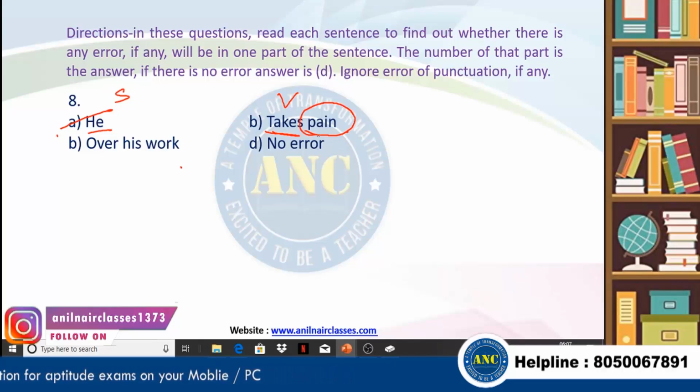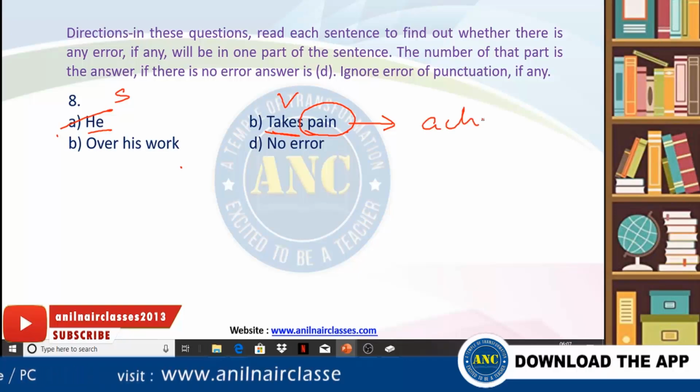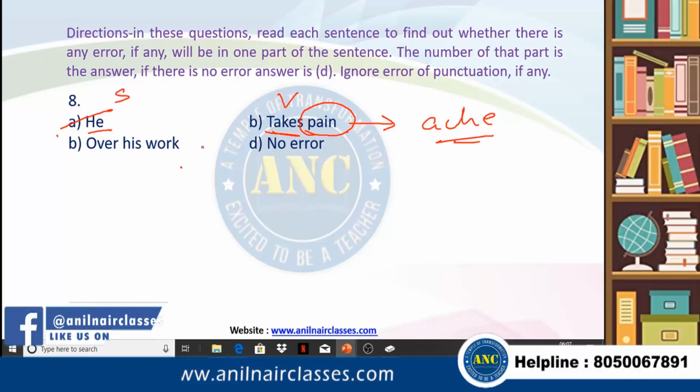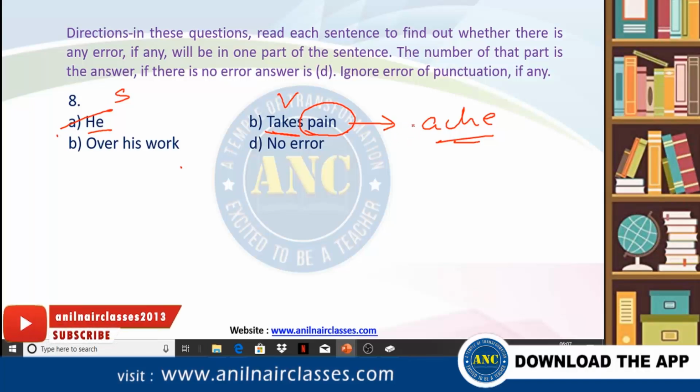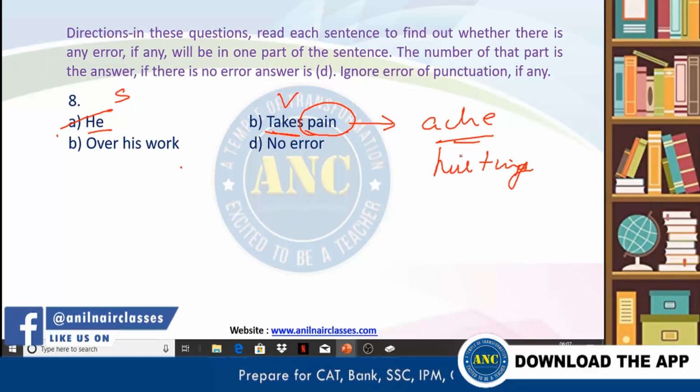Pain is actually the ache, right? Is he taking ache over his work? That means to get his work done, his hands, legs, entire body is getting pain. It's aching, it's hurting. When something is hurting, we'll say pain, right?